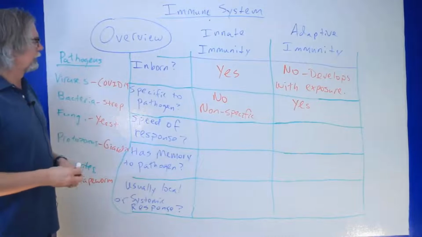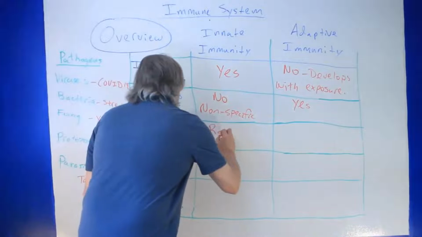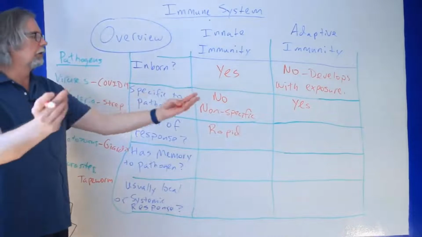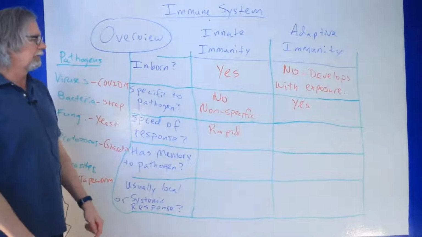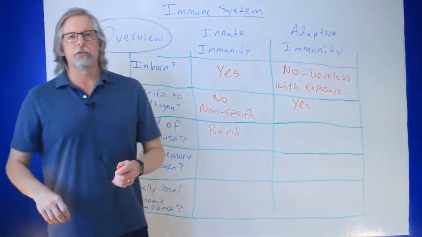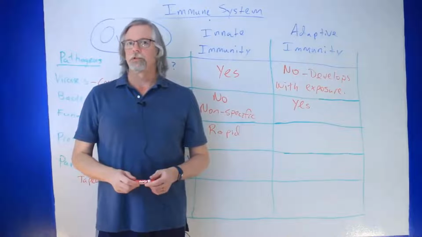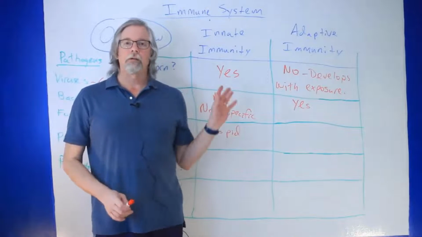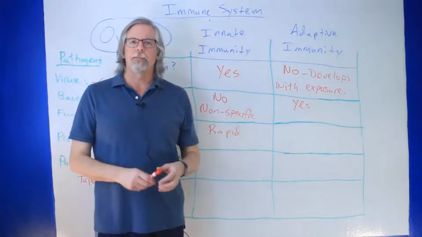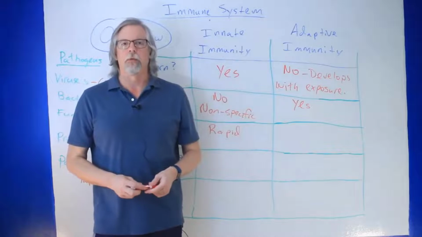What is the speed of response? For innate immunity, it's a rapid response. Kind of a natural type of response to some kind of pathogen entering into the body. For adaptive immunity, it's a little bit complicated. So the first time you're exposed, the response is pretty slow. Your innate immunity is sort of doing the job. And then over a period of time, your adaptive immunity comes on board and is able to participate as well.